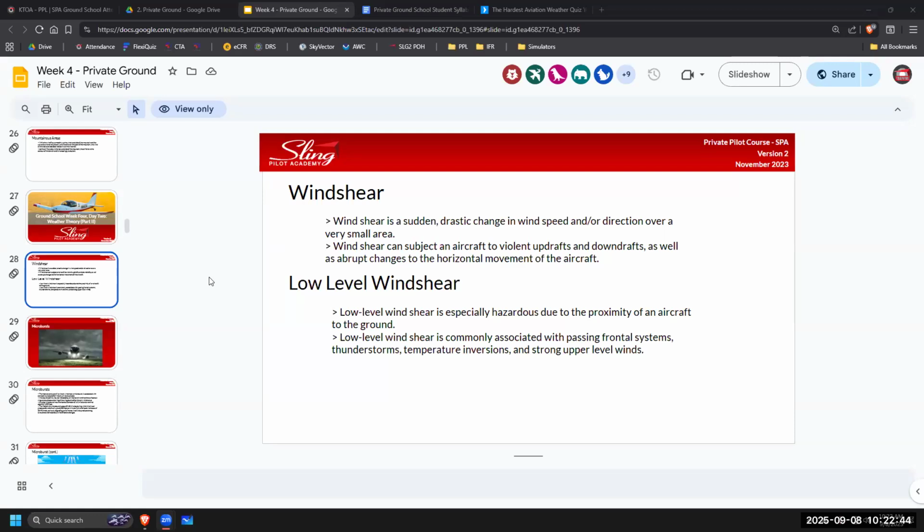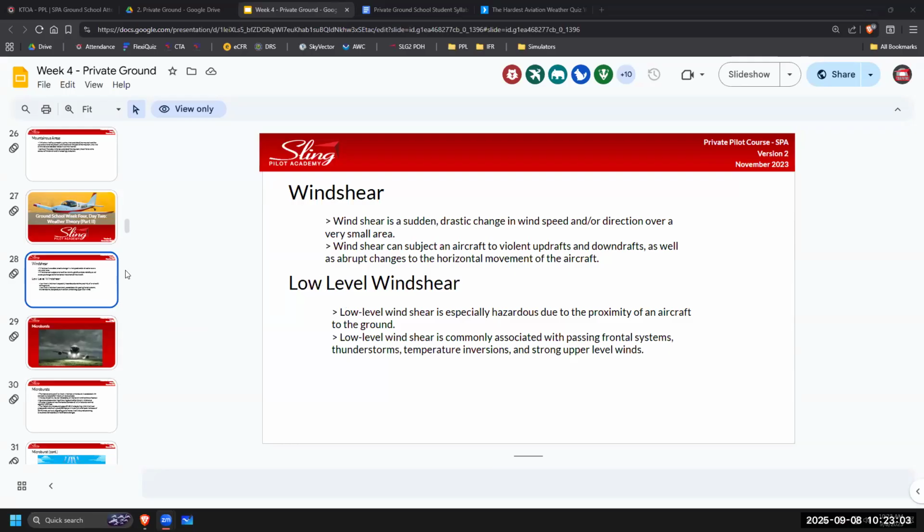It's really annoying to practice when it gets to almost 100 degrees in the air, but we have a lot of temperature inversions in the area. So we'll talk about that, but that is one of the causes of low level wind shear.